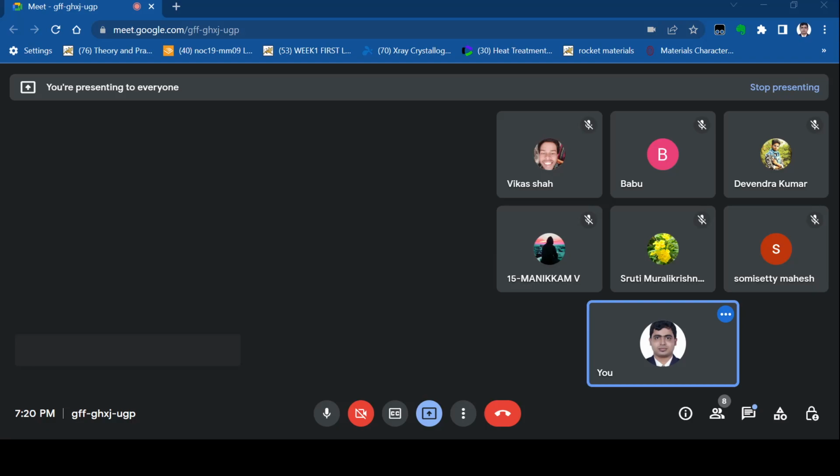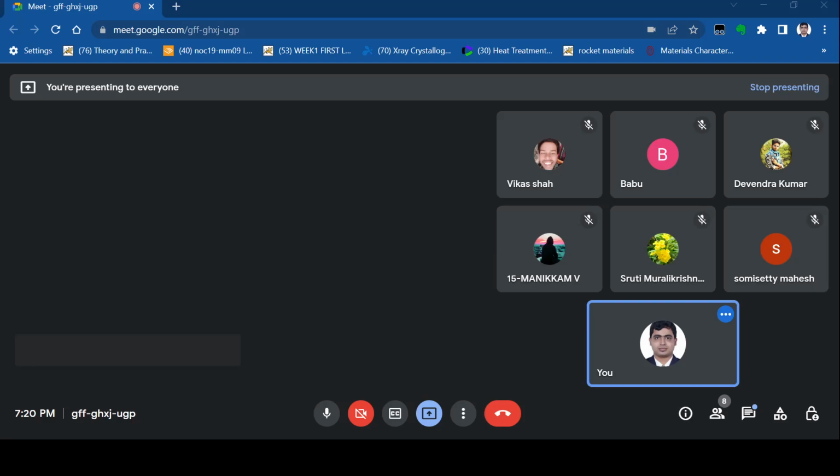Then in the second part, we have to calculate the entropy change. Exactly similar, except we know the entropy change is Cp by T dT. So in case of Cp, we just have to put Cp by T everywhere. And here we have to take the temperature at which we are doing this, so this is 900 Kelvin.